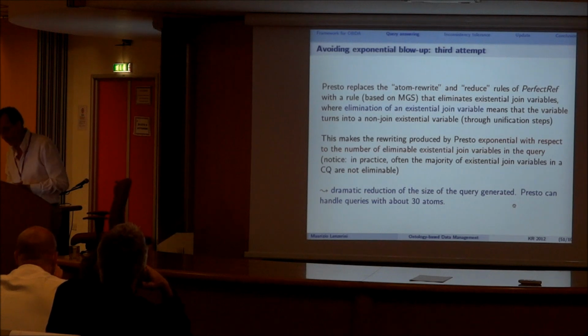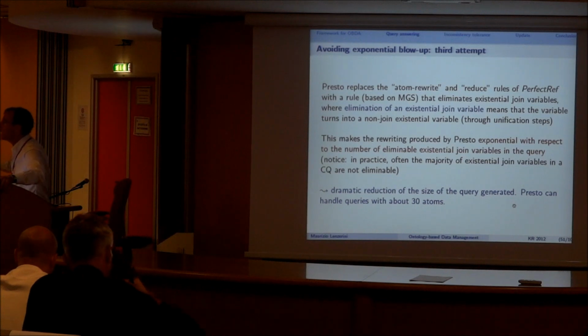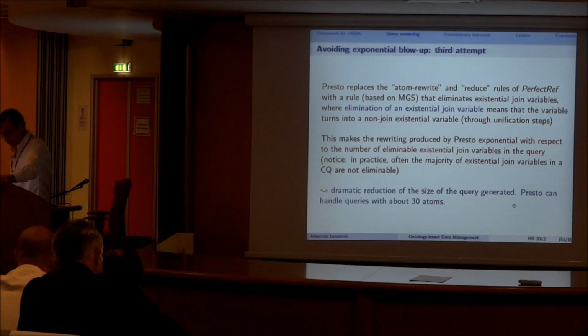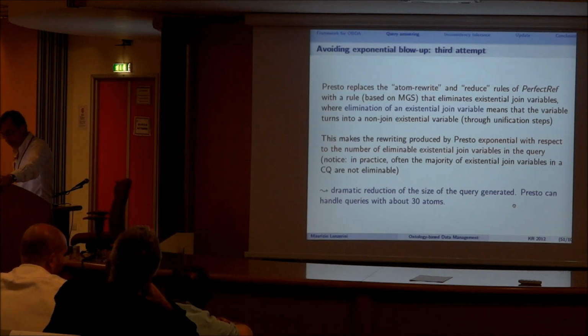In many experimentations that we have carried out, the majority of existential join variables in a conjunctive query are not eliminable. So with Presto there was a dramatic reduction of the size of the query. We can now rewrite the queries of the first experimentation very easily. Presto is able to do a very good job with queries with about 30 atoms.